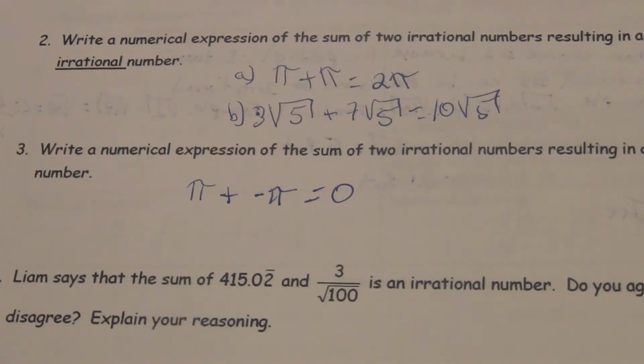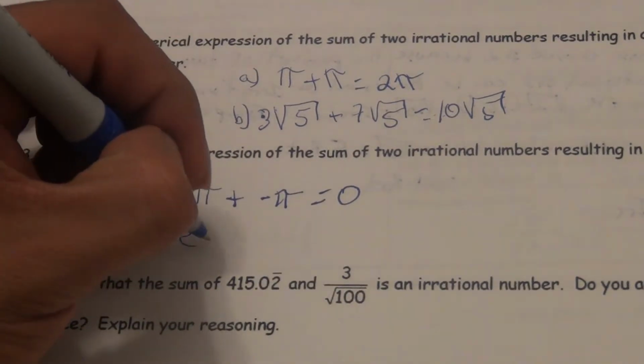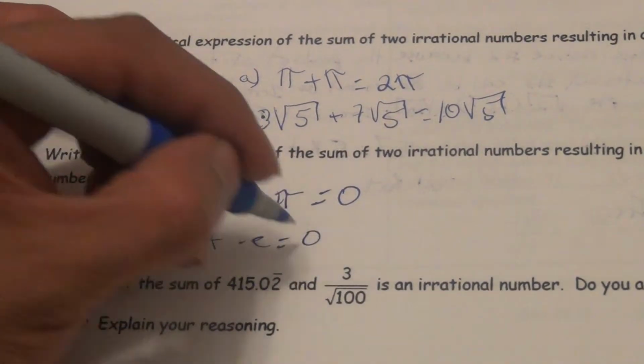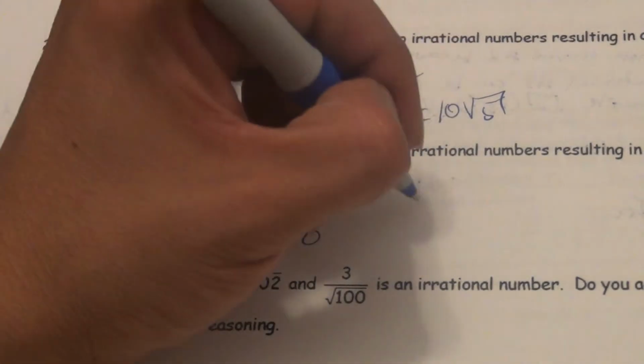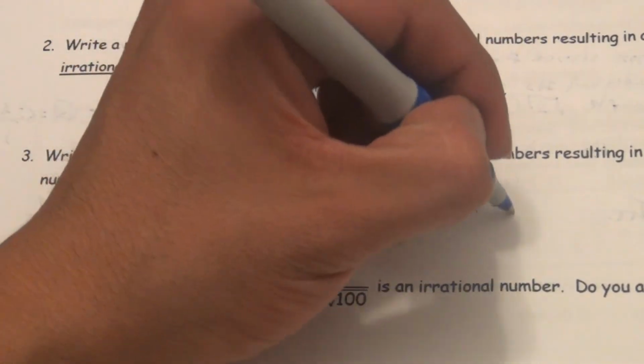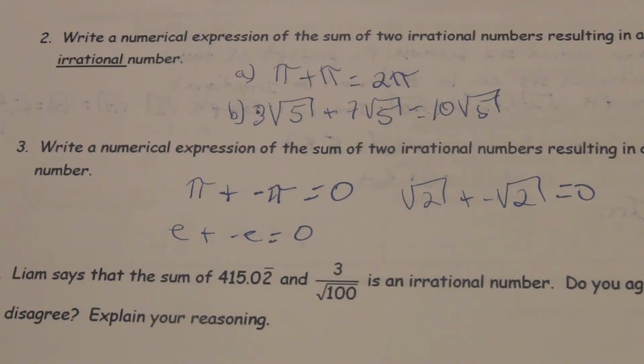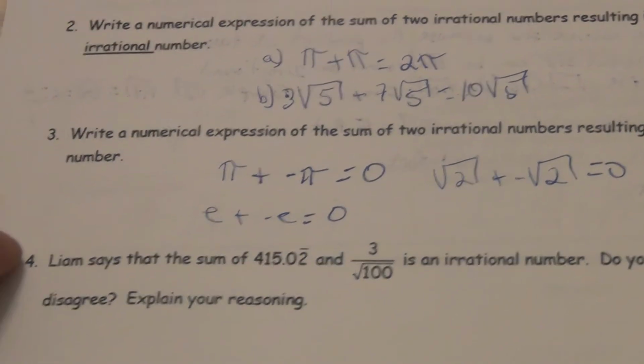So that is when the sum of two irrational numbers is rational. Or e plus negative e is 0. Radical 2 plus the negative of radical 2, that's 0. So those are examples. All right? Cool then. Next one.